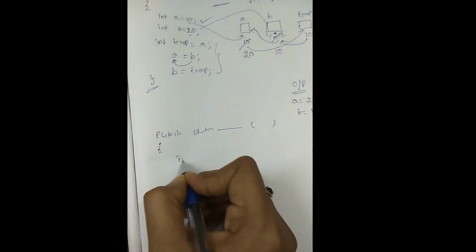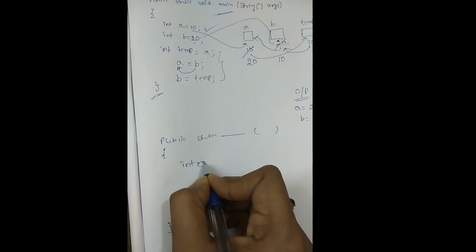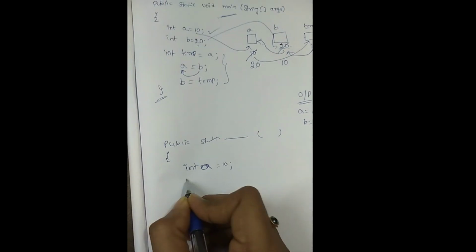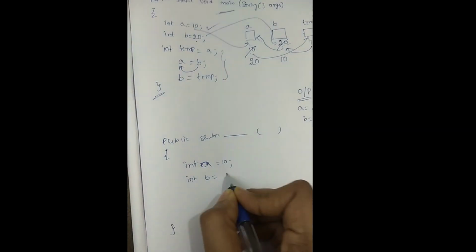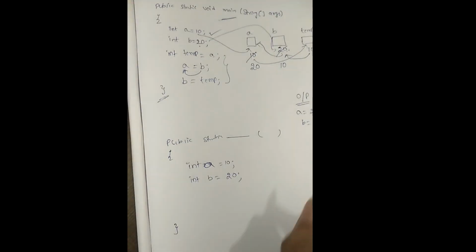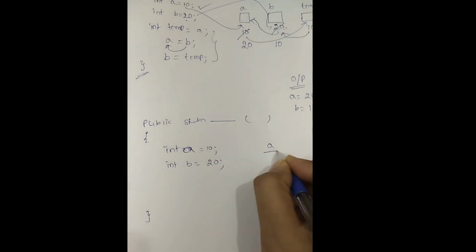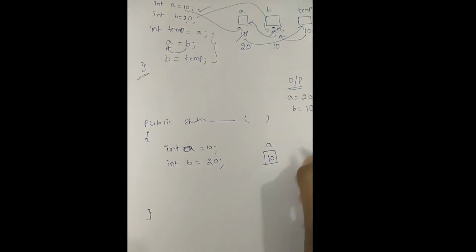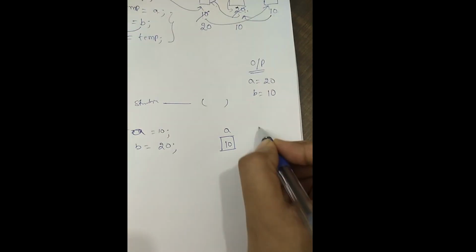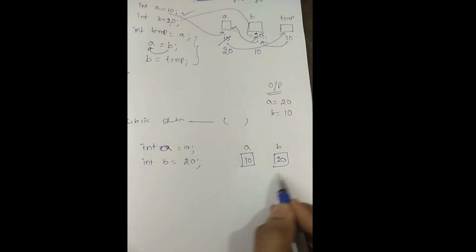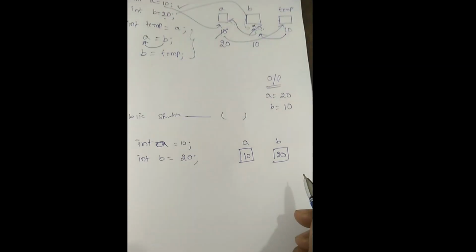Okay, next you can write int a is equal to 10, int b is equal to 20. I don't want a temporary variable, that is my requirement, so start the hand execution. A is equal to 10, b is equal to 20. How to swap these two variables without a temporary variable?